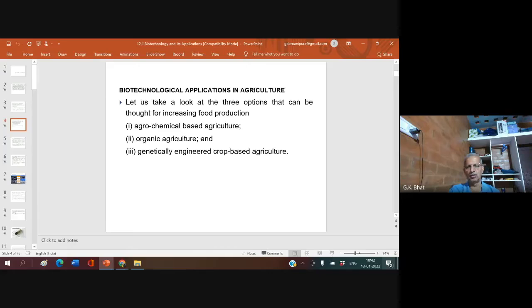We shall see which crops are genetically engineered. These are the three which have resulted in increased food production.